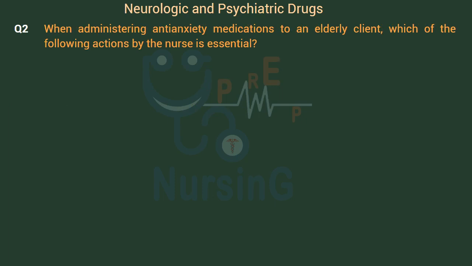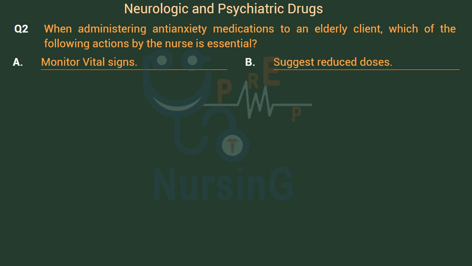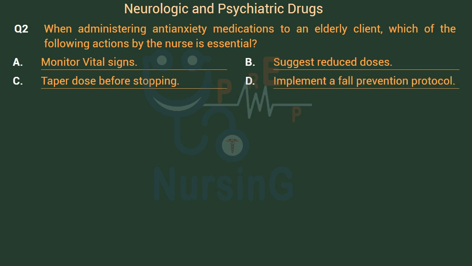When administering anti-anxiety medications to an elderly client, which of the following actions by the nurse is essential? Option A. Monitor vital signs. Option B. Suggest reduced doses. Option C. Taper dose before stopping. Option D. Implement a fall prevention protocol.